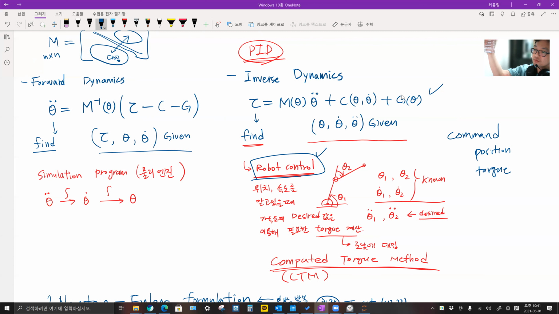If we know the angle, and there is some desired velocity and desired acceleration, we can calculate the torque to produce that position, velocity and acceleration. Sometimes we call this the computed torque method.